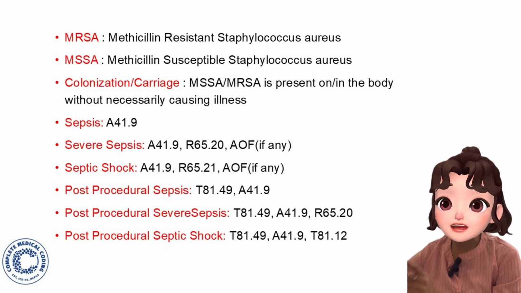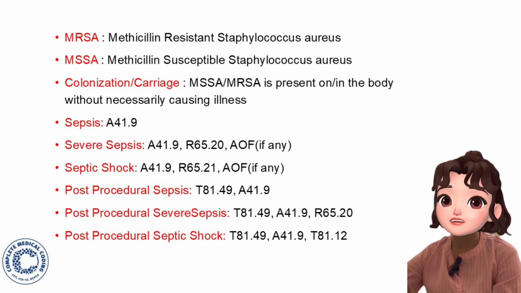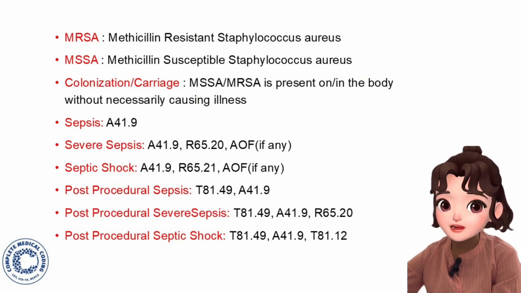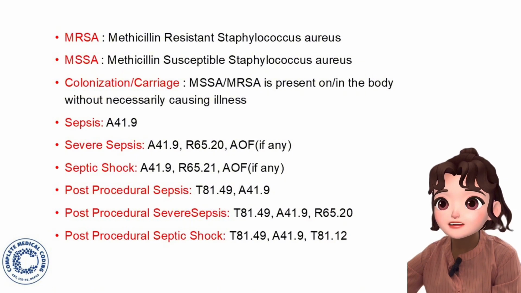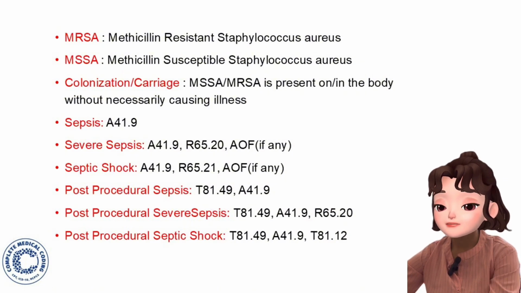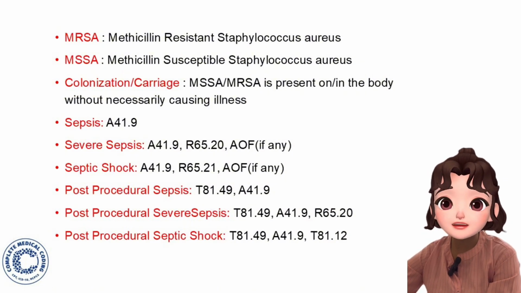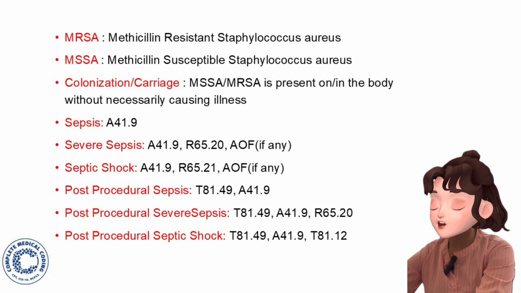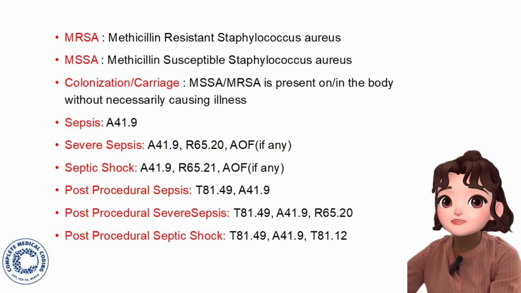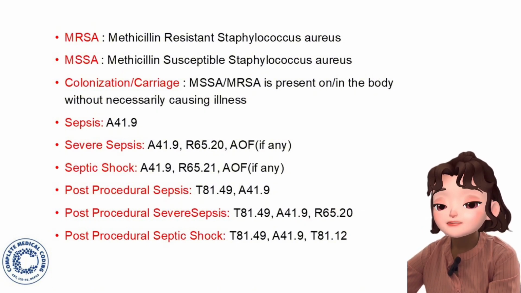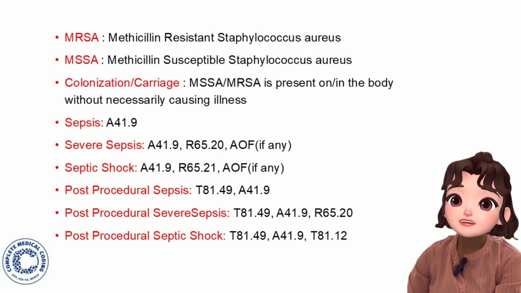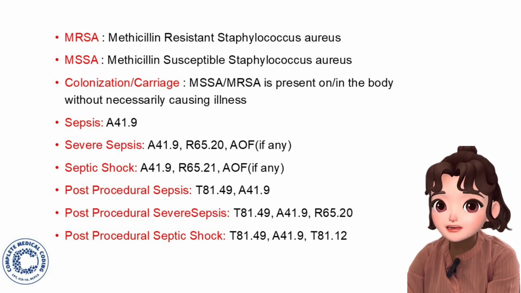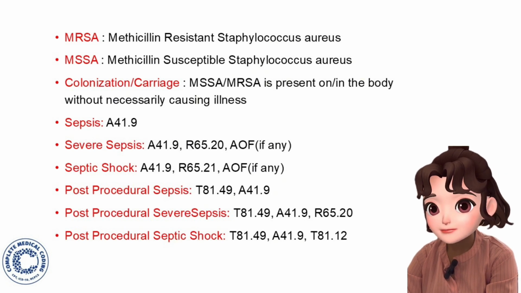If it is septic shock, you have to use the shock code R65.21. So initially code A41.9, then code severe sepsis with septic shock, and then acute organ failure, if any. That is the order.